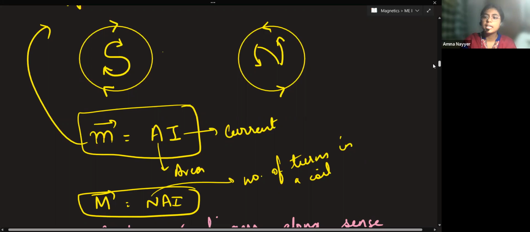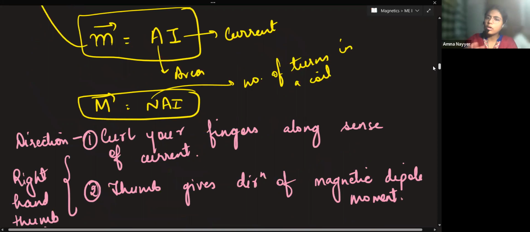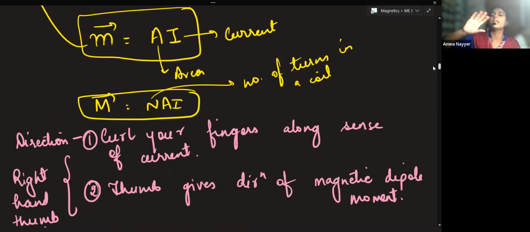Fine. Now your right hand thumb rule comes. The right hand thumb rule, we have already done this. You have to curl your fingers along the sense of current. Thumb will give you the direction of magnetic field. This we have already discussed. It's just a recap and a revision. Wherever the current is moving, curl your fingers in that manner. If it's moving anti-clockwise, curl your fingers anti-clockwise.